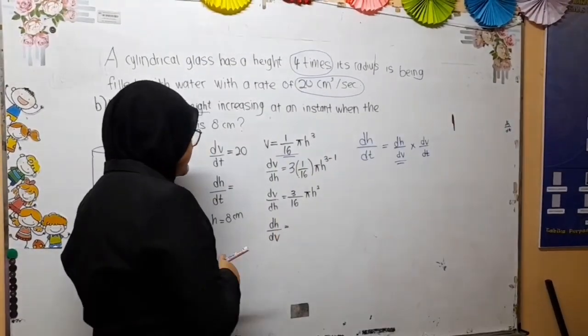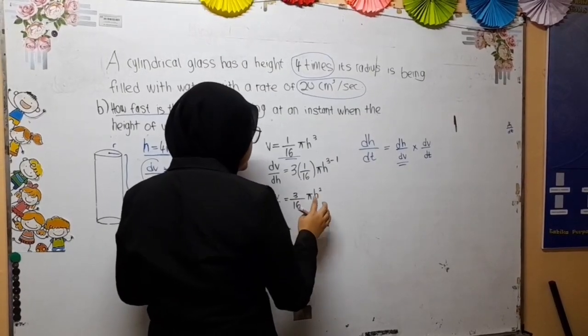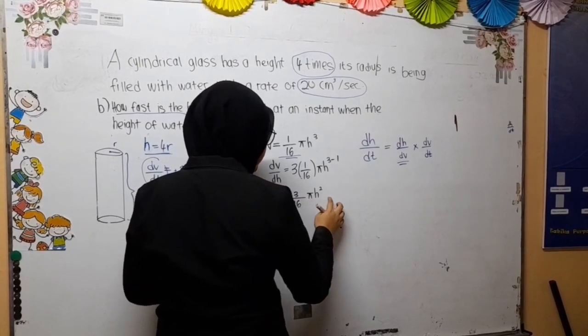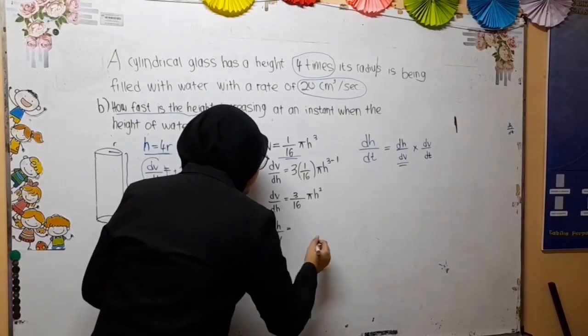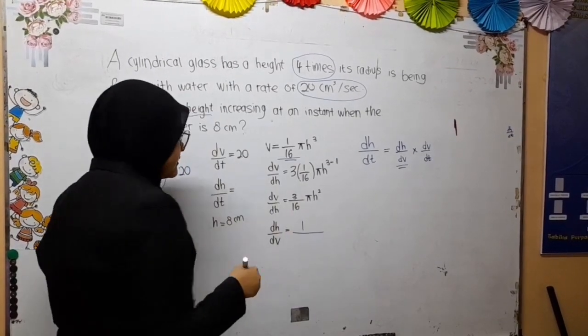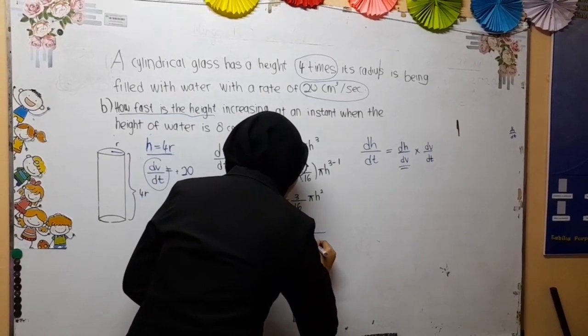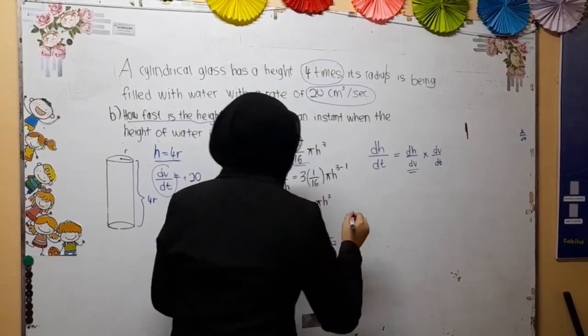So we need to change 3/16 π h squared into its reciprocal, 1 over 3/16 π h squared.